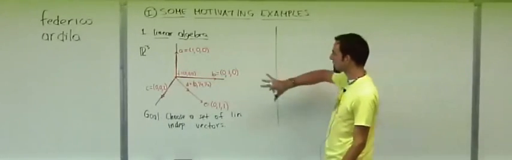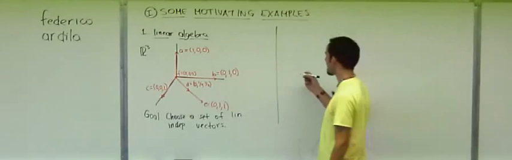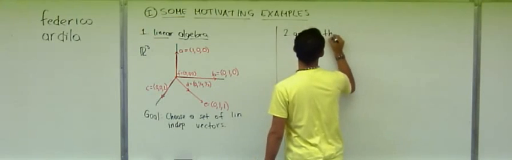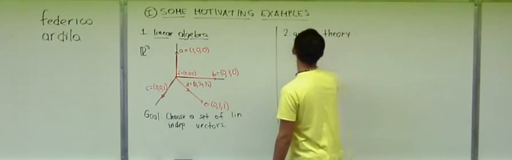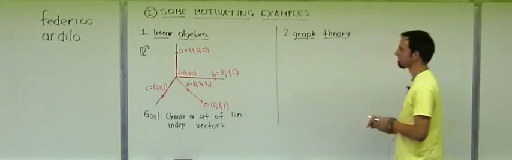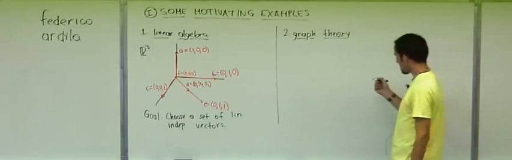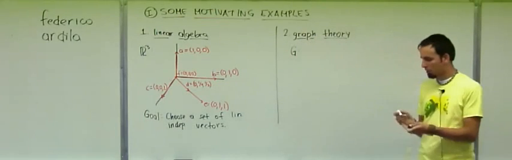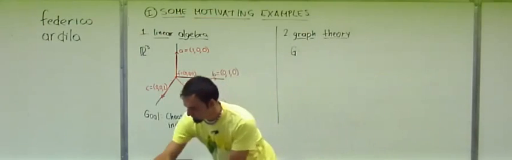And I want you to keep thinking about this while I talk about my second example, which comes from graph theory. And here what I'm going to do is draw a graph for you.